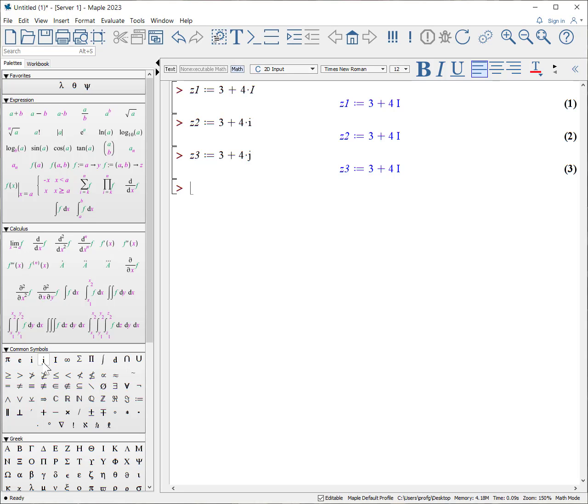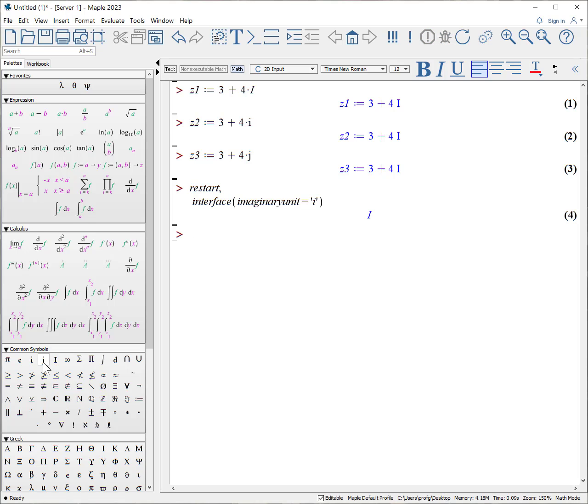Personally, I prefer to reset the interface value for the square root of -1 by using the interface command. So I say restart, and then interface, open parentheses, imaginaryunit equals, and I can either say I or quote I, and it will do that.